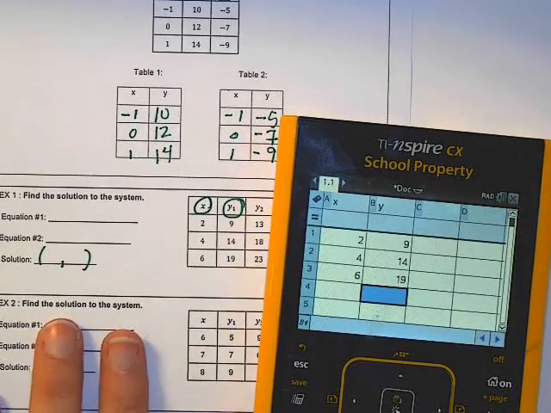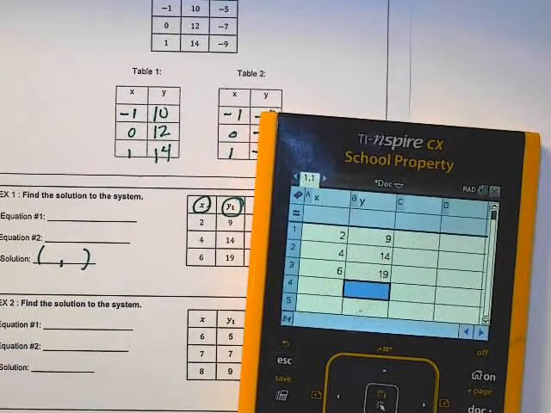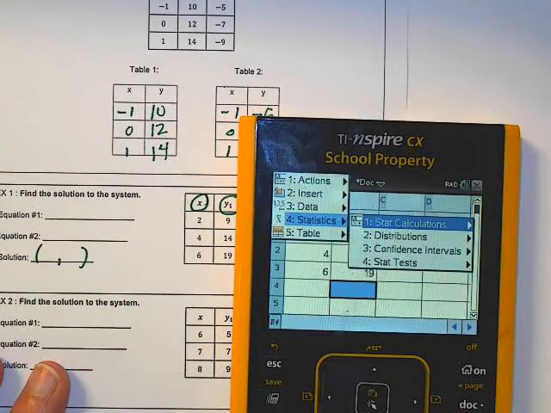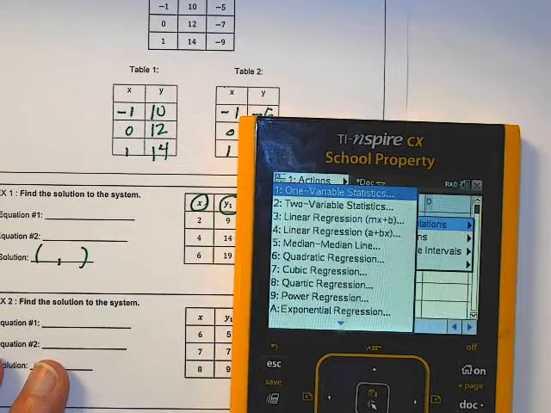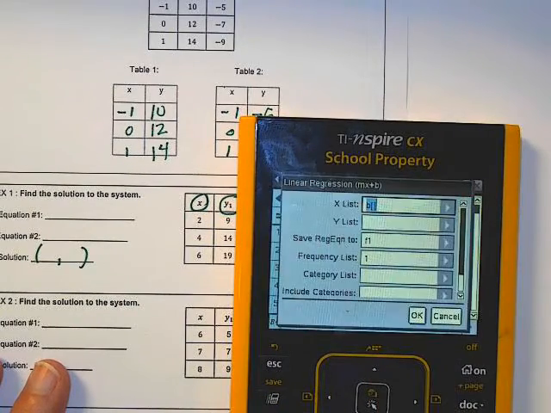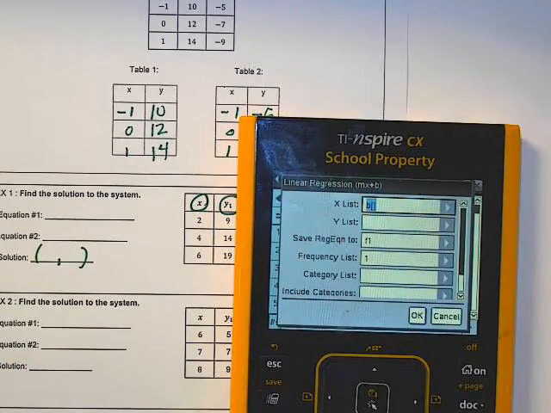Then what do I do to get the equation? Menu 4, 1, 3: mx plus b. Good. From here I do x list x, y list y, double enter. Enter.